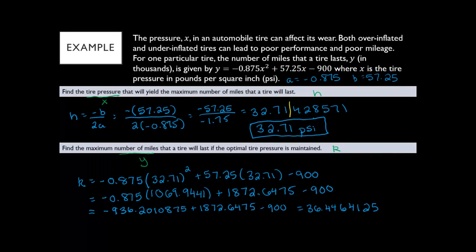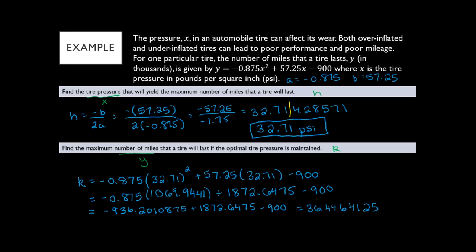So remember this, it says that y is given in thousands, so this is not 36 miles. This is roughly 36,000 miles. Now with all the decimal places, we could find the exact number of miles. It would be 36,446 miles roughly, if you wanted the exact number.